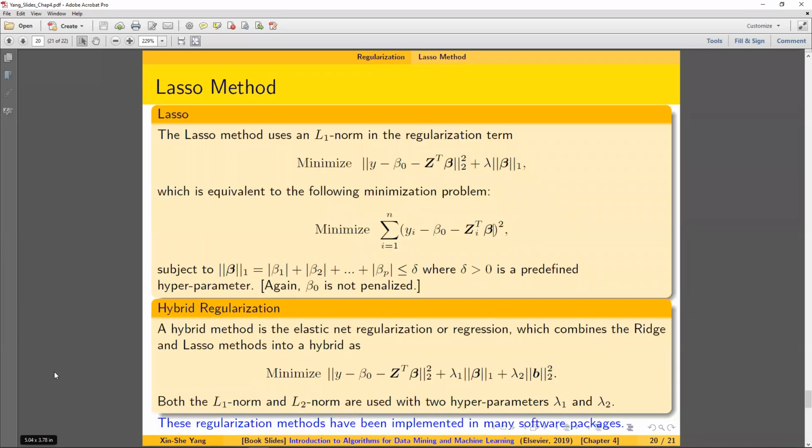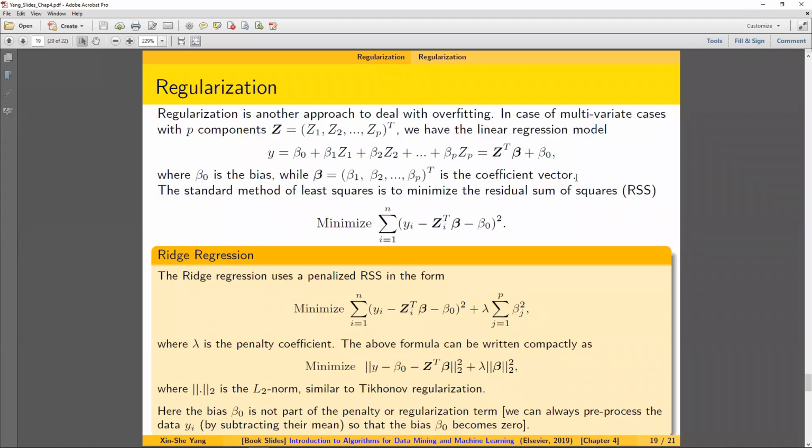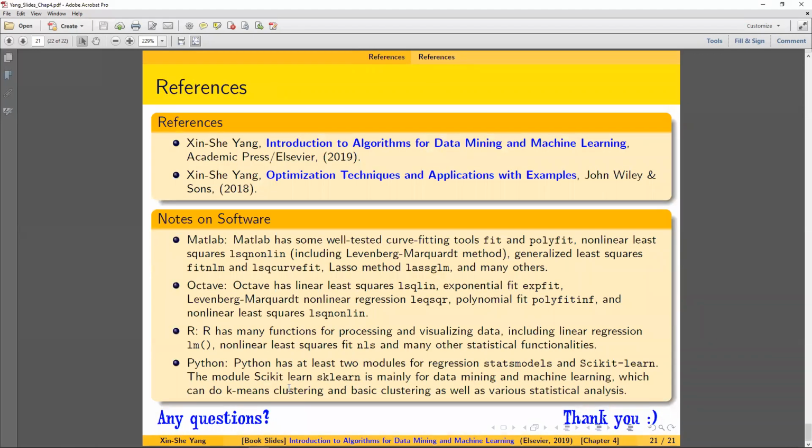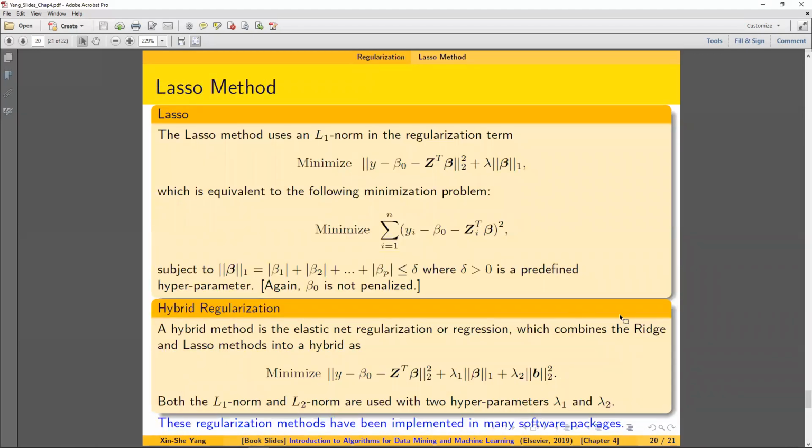No, my bad. I'm saying that regularization has two forms. One is called ridge regression, which is the L2 form. The second type is called Lasso regression.